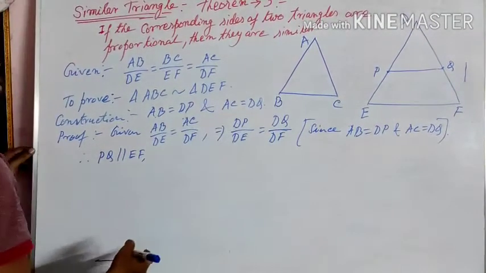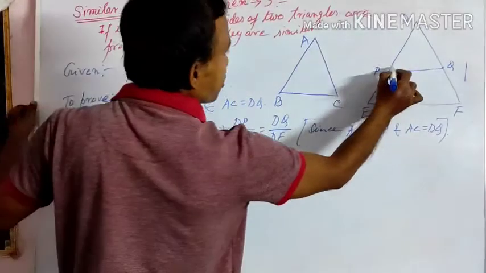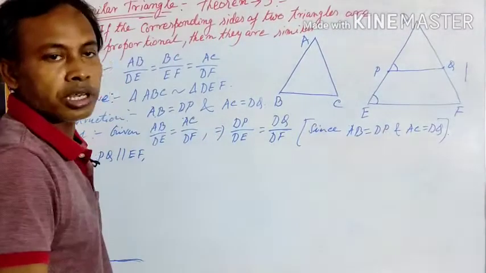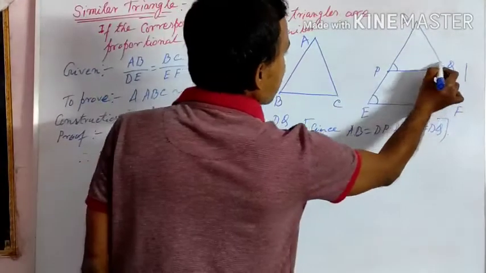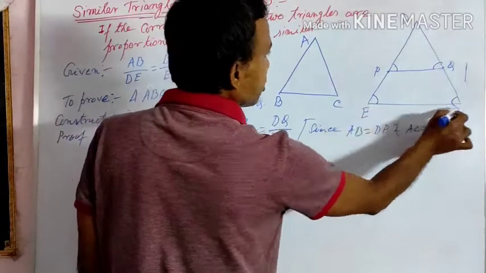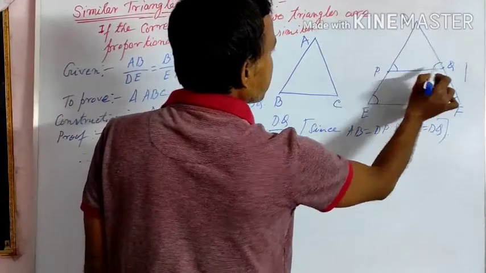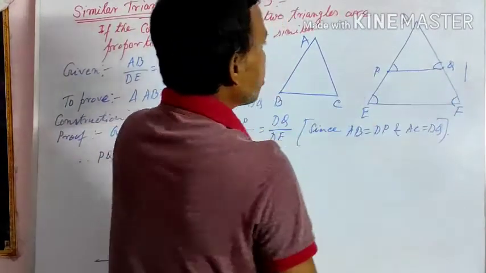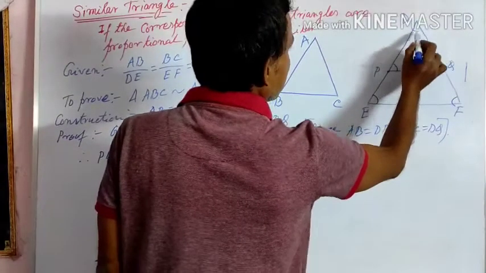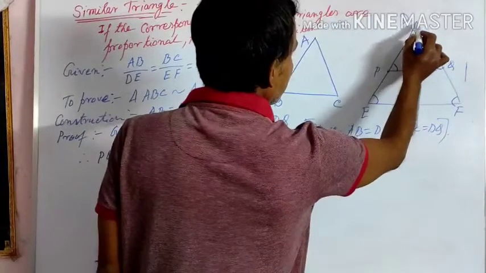Since PQ is parallel to EF, this angle is equal to this angle, corresponding angles, and again this angle is equal to this angle. Therefore in triangles DEF and DPQ all angles are equal. This angle is the common angle in the two triangles.